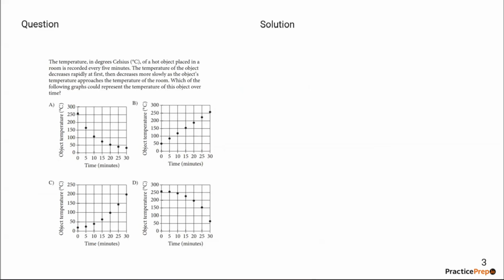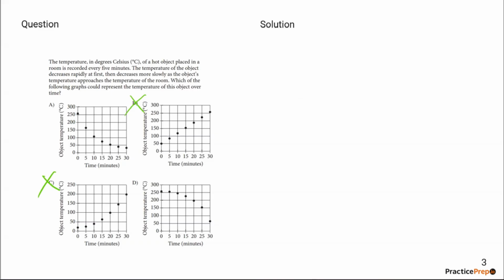Here's a scenario. The temperature in degrees of a hot object placed in a room is recorded every 5 minutes. The temperature of the object decreases rapidly at first, then decreases more slowly. Which scenario represents this situation? Well, there's a decrease in temperature, so B and C are going to go away, because in C and B, the temperature is actually increasing, whereas in our situation, it's supposed to decrease.